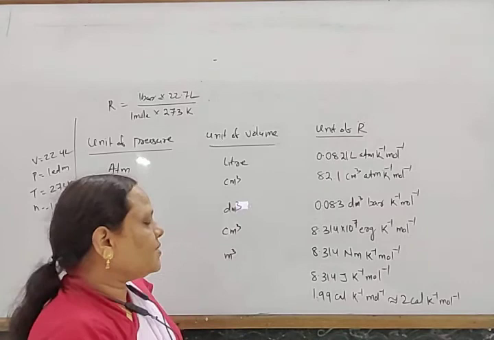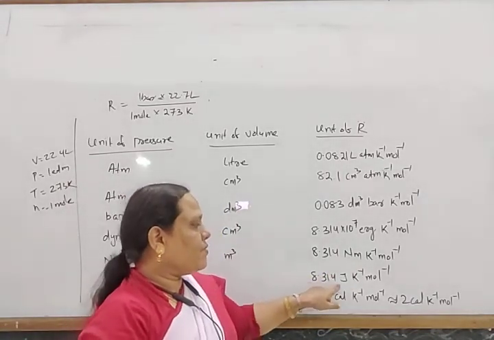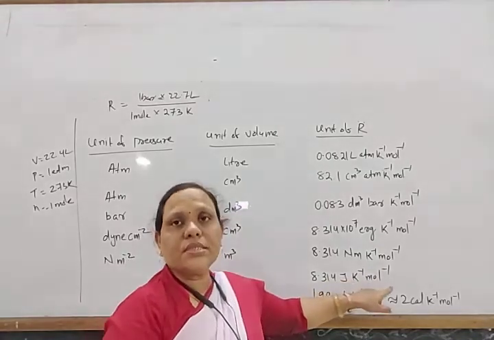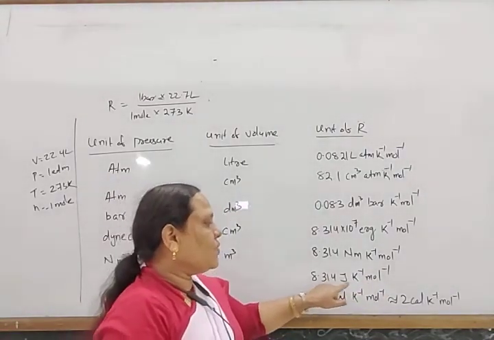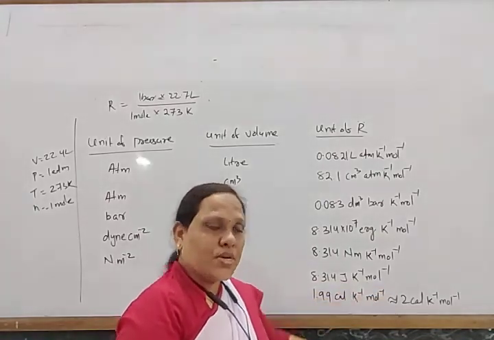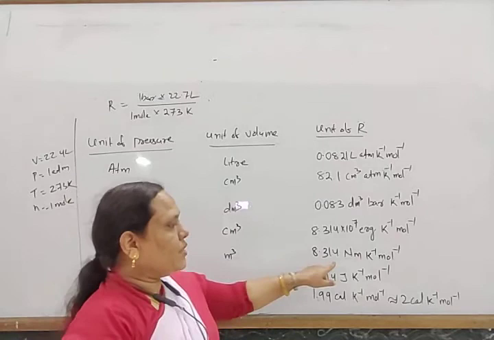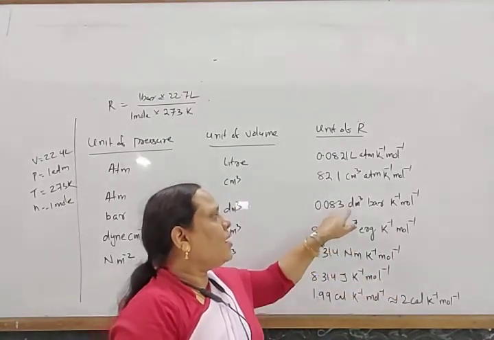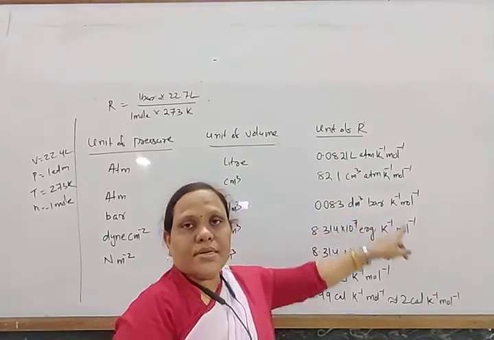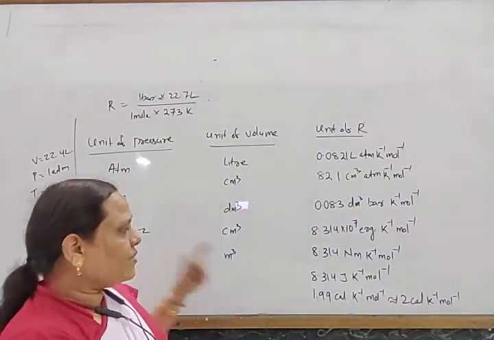Newton meter is equal to joule, so you can write 8.314 joule Kelvin inverse mole inverse. In terms of energy, 8.314 joule Kelvin inverse mole inverse, and in terms of pressure volume, Newton meter, or dm cube bar Kelvin inverse mole inverse. So in different units you find the R value different.